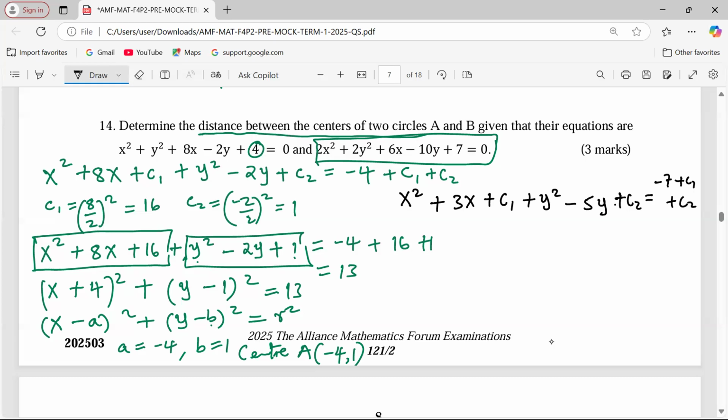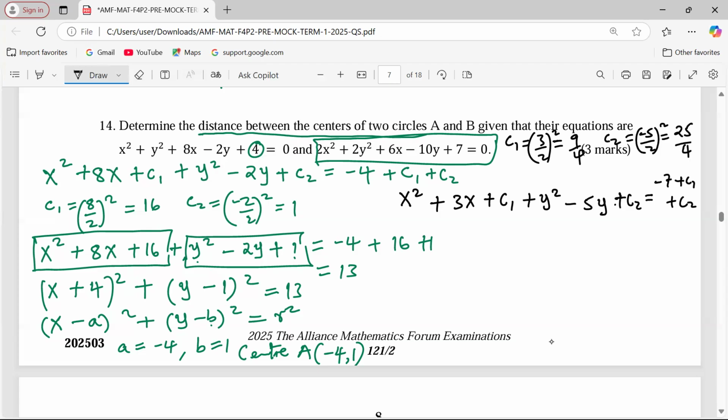How do we get the constant here? The first one will be given by 3 over 2 squared. 3 over 2 squared will be 9 over 4. Constant 2 will be negative 5 over 2 squared. This is going to be 25 over 4.